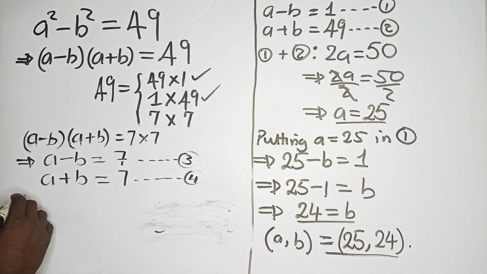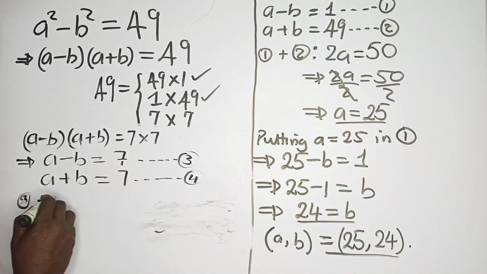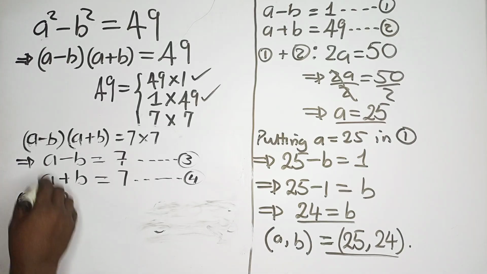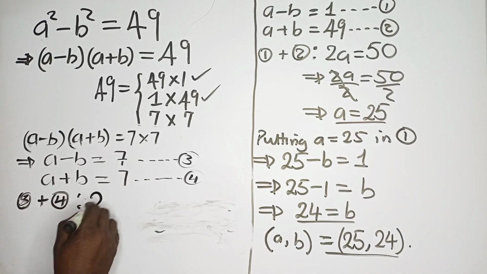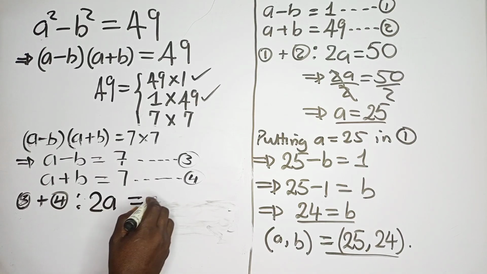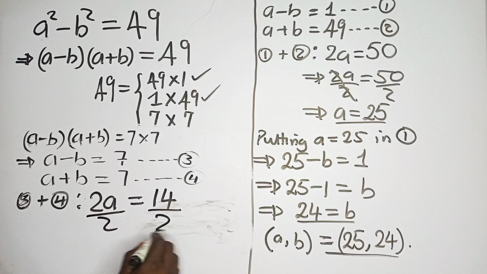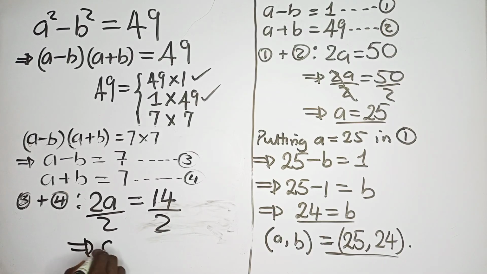Again, we add the two equations, equation 3 plus equation 4. If we do that, we're going to obtain 2A is equal to 14. So if we divide both sides by 2, we'll obtain the value of A to be 7.